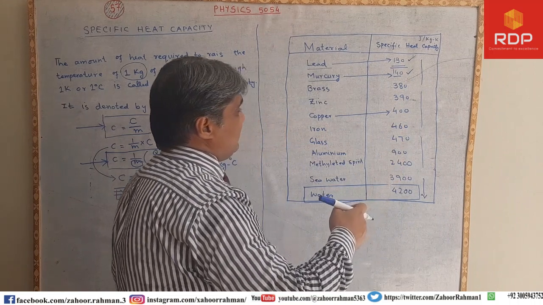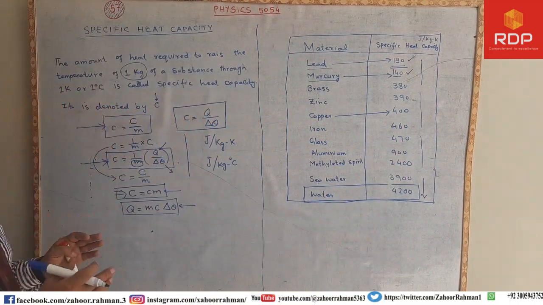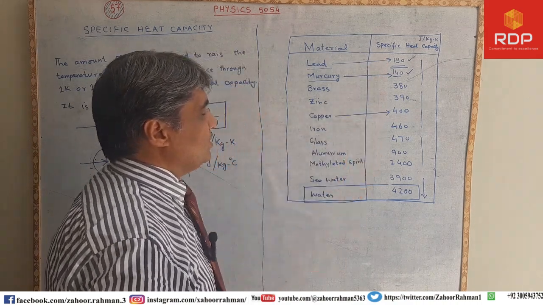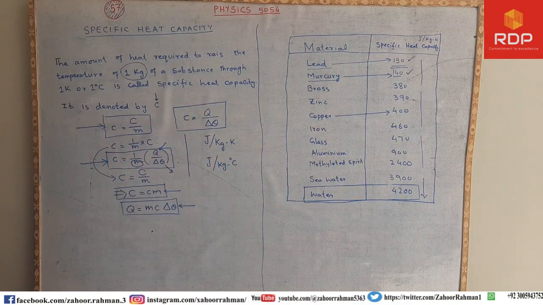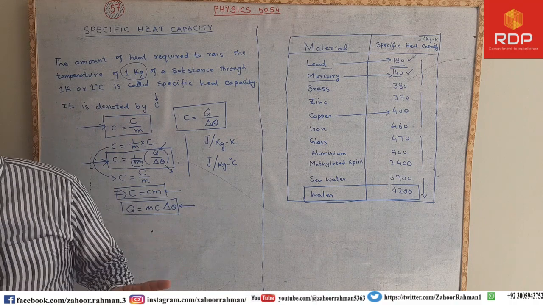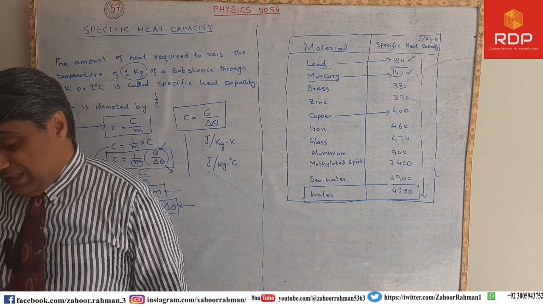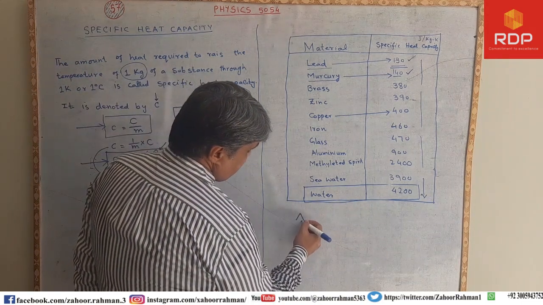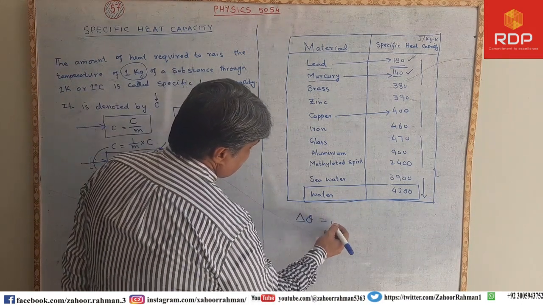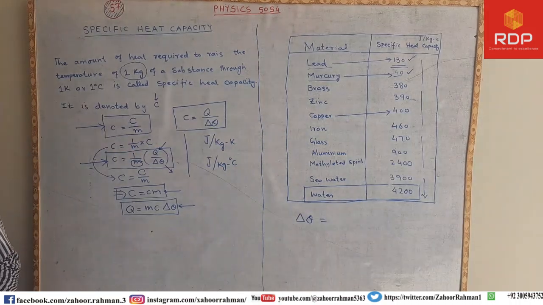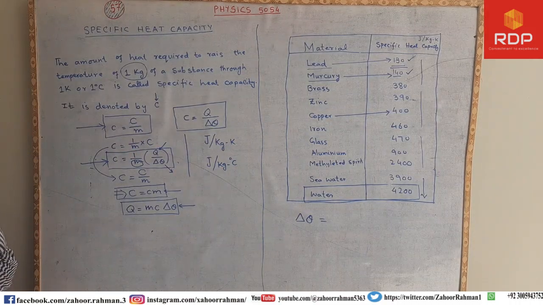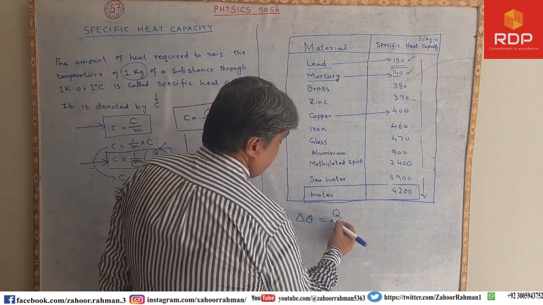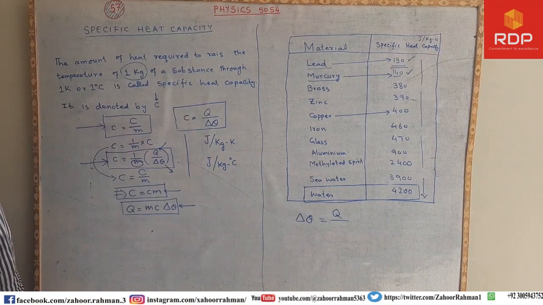Specific heat capacity of the object are different for different materials, as you can see from this table. So this is the question. If we want to see what is the change in temperature for copper, 1 kilogram of copper, there will be Q divided by MC.